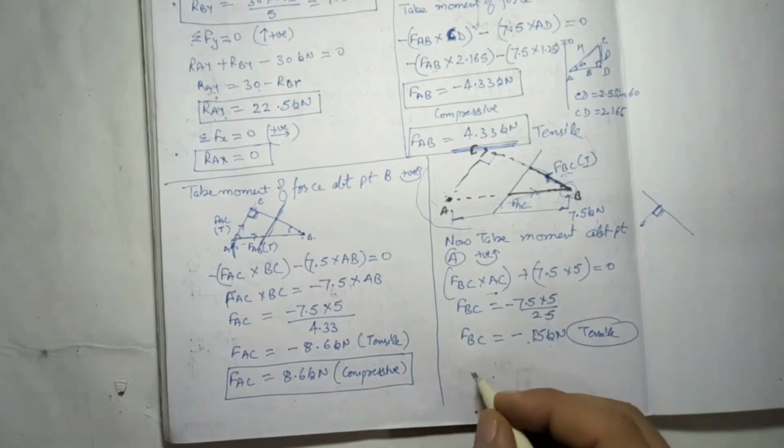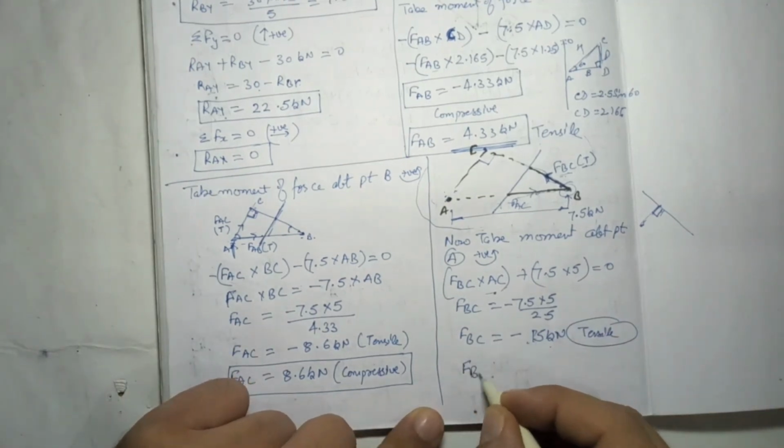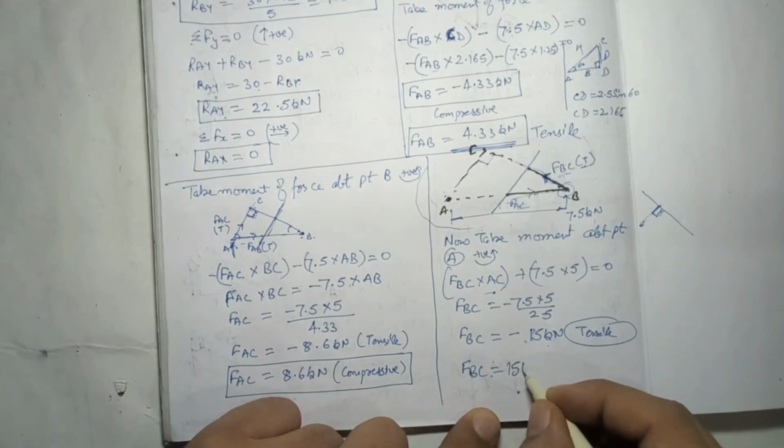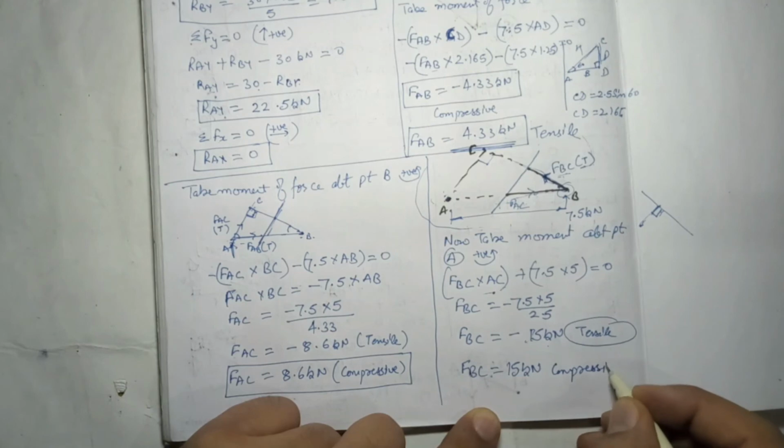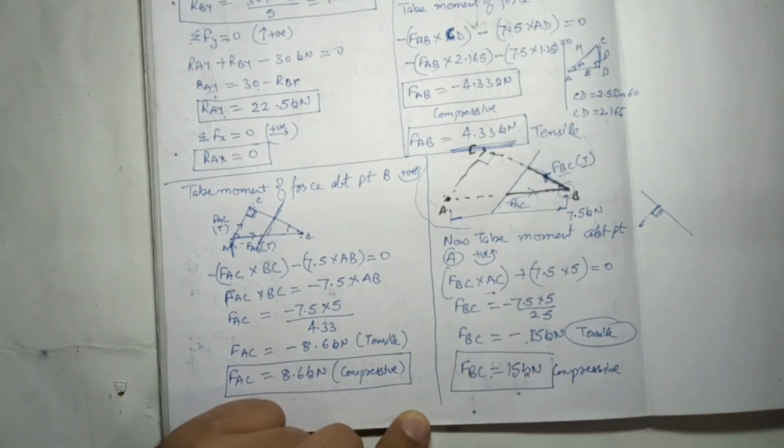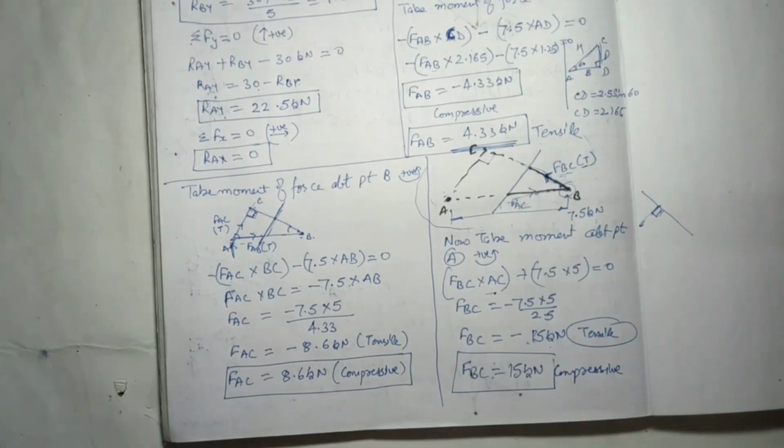To make it positive, we say FBC is equal to 15 kilonewton, and this is compressive. So these are the three forces which we had to calculate, and this is the method of section, and you can apply this in any question now.